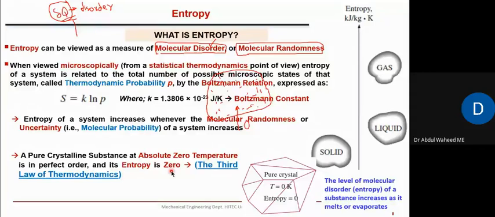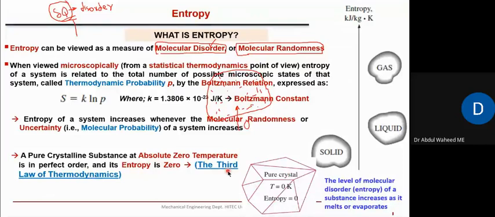Entropy of a substance could be zero only if its temperature is zero. A pure crystalline substance at absolute zero temperature is in perfect order. There is no disorderness. So we can say entropy is zero. That is known as the third law of thermodynamics. It has little practical relevance.